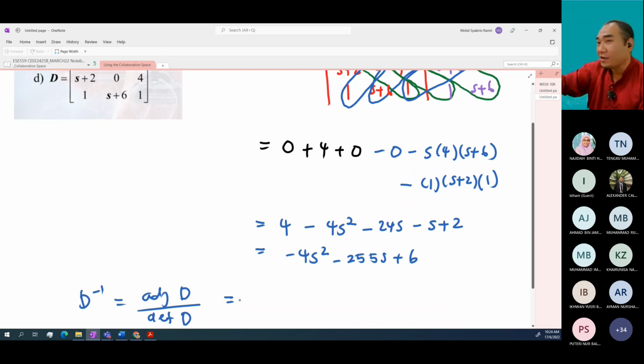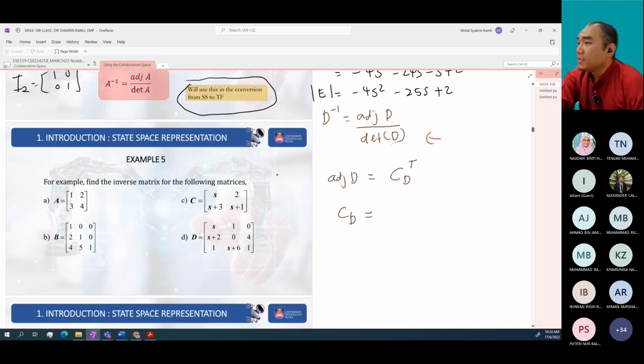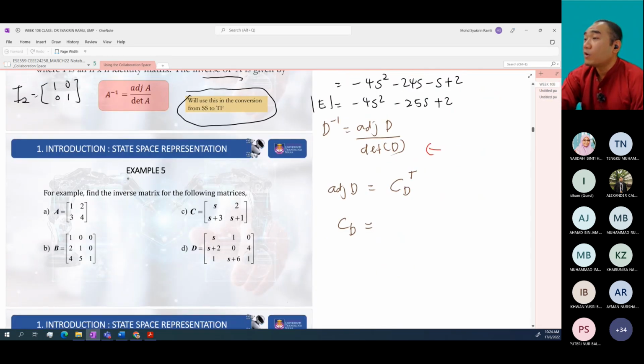Kan? When you are writing on your foolscap paper tu very easy lah kan, the line dan sebagainya. And then you must understand that to get the inverse of D is simply equal to adjoint of D divided by determinant of D. Right. So that's how we compute for the determinant ataupun how we compute for the inverse of a given matrix.